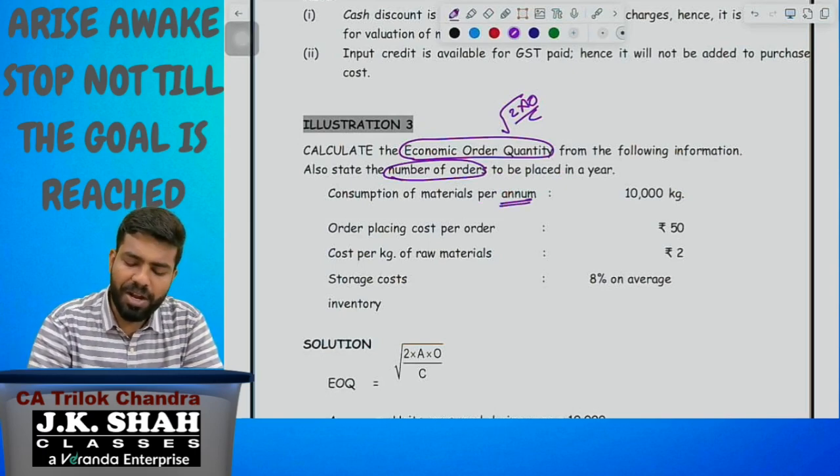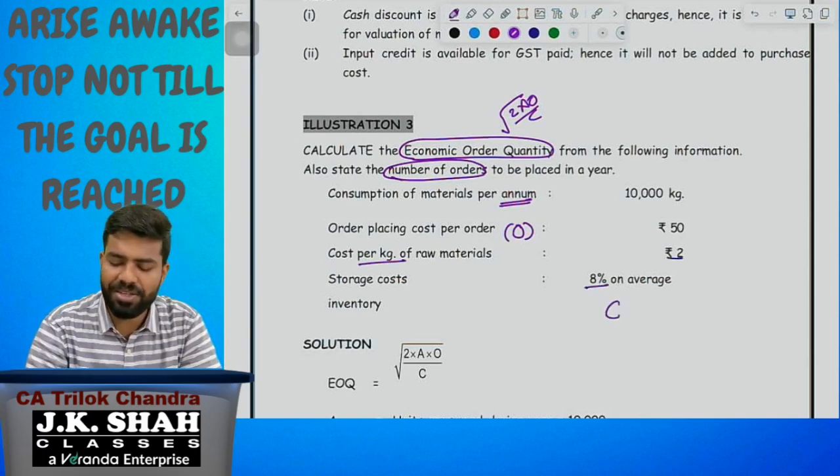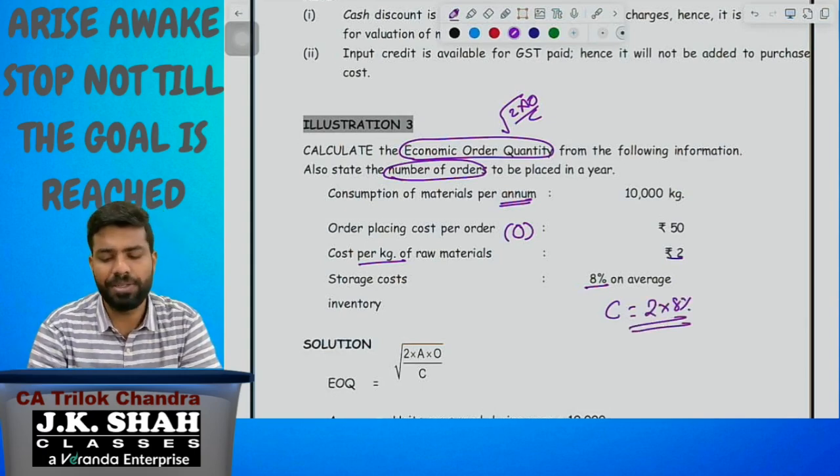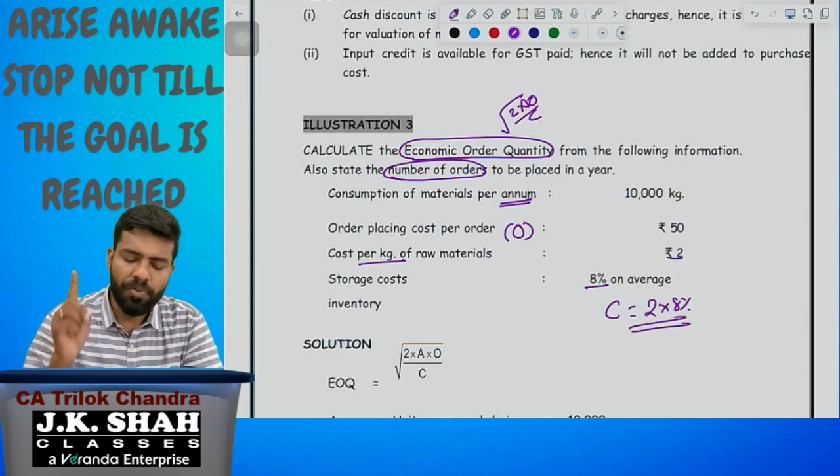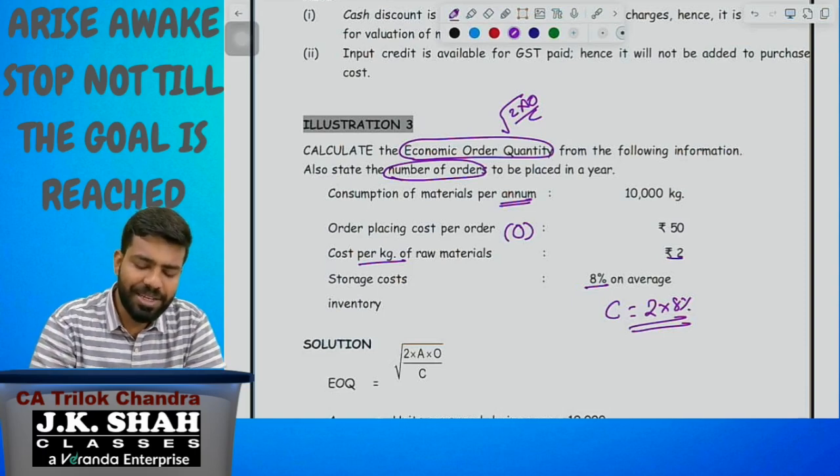Order placing cost per order is O. Cost per kg of raw materials is 2 rupees. Storage cost is 8% on average. So cost per kg is 2 rupees and storage cost is 8%. Now how do we calculate storage cost or carrying cost? C equals 2 into 8%. We calculate 2 into 8% and we get C.